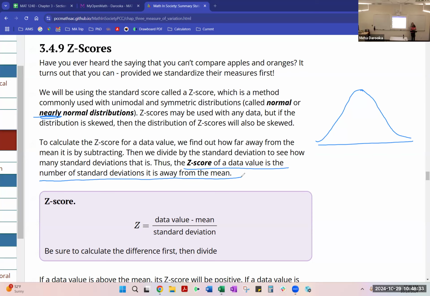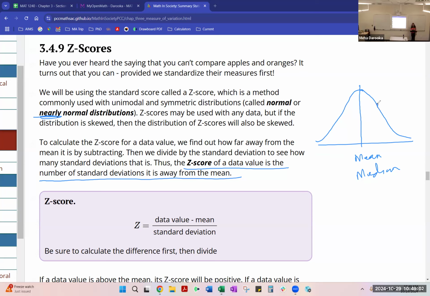Let me try to simplify that before we get into a calculation. In a unimodal or symmetric distribution, remember your mean falls right in the center, and if it is symmetric, then the mean and median will have the same or approximately equal value. Standard deviation tells you on average how far away your data is from the mean, or from the center.